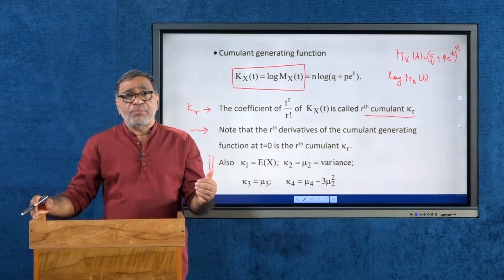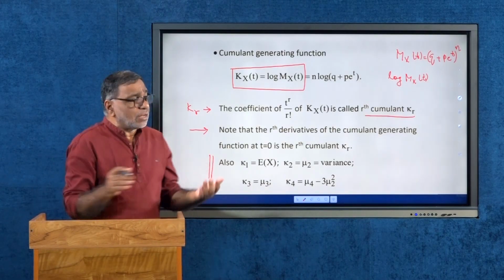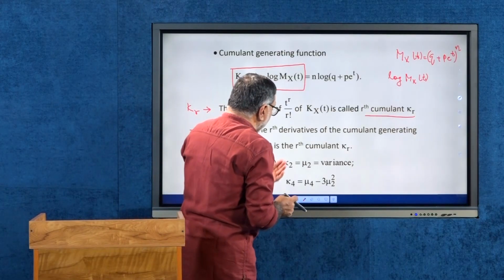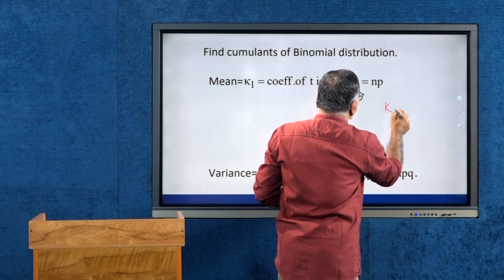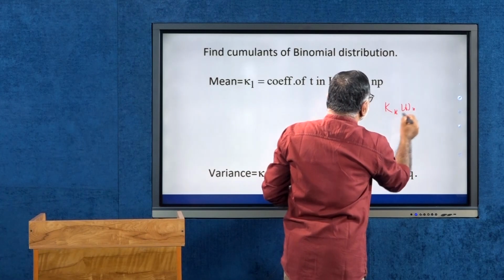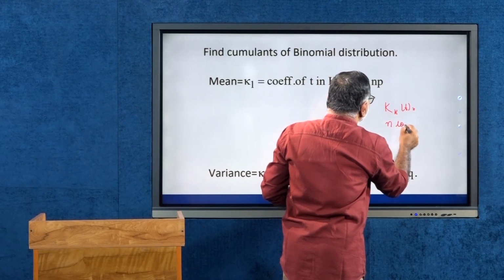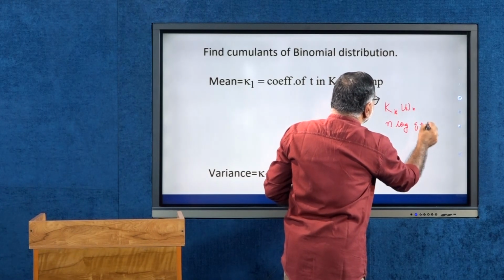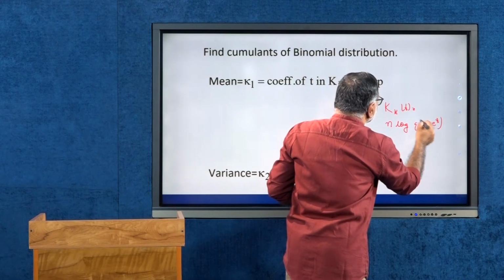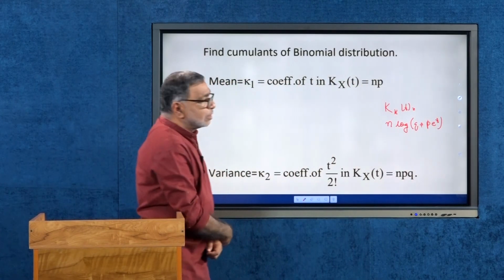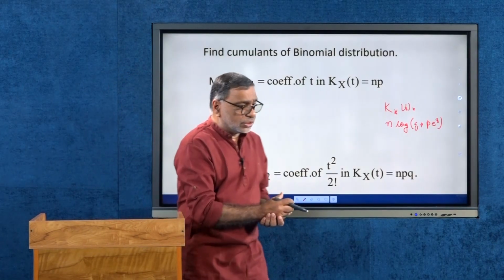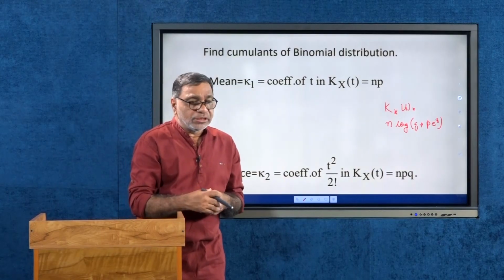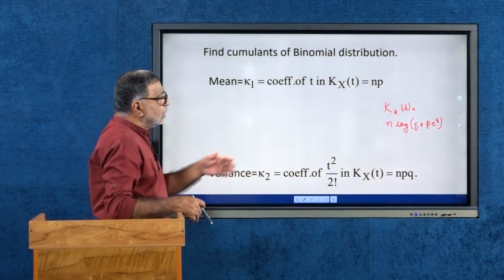So, in the case of the binomial random variable, the cumulant values are like this. The cumulant generative function kappa x of t, which we have already obtained, is n logarithm of q plus p e power t. If we follow the first method, that is, expand the cumulant generative function as a power series of t, we can expand this.